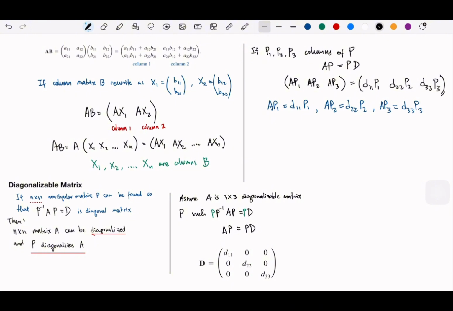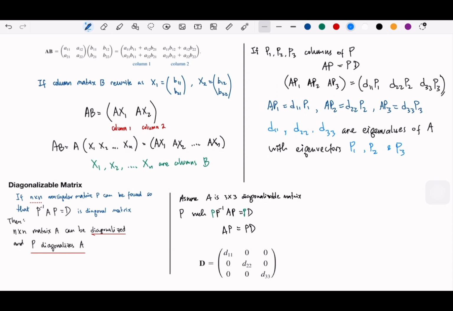If you remember what we did in the eigenvalues, how we find the eigenvalues, the D11, D22, D33 are eigenvalues of A with eigenvectors P1, P2, and P3.